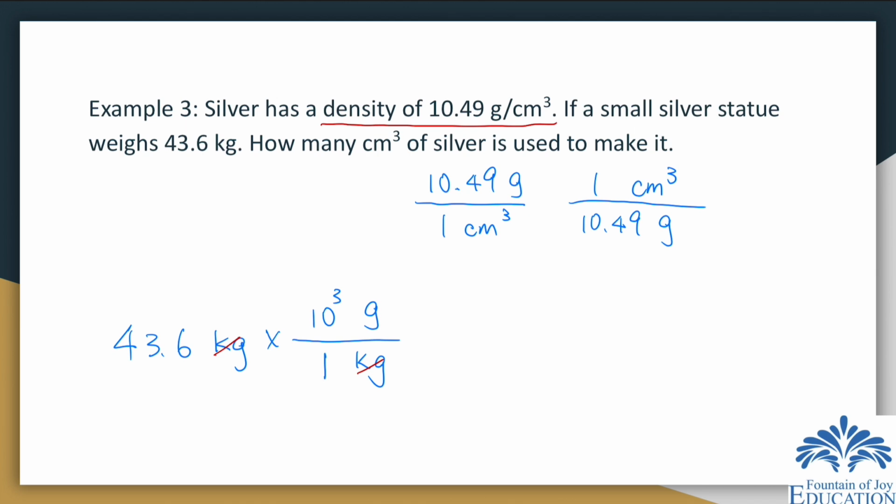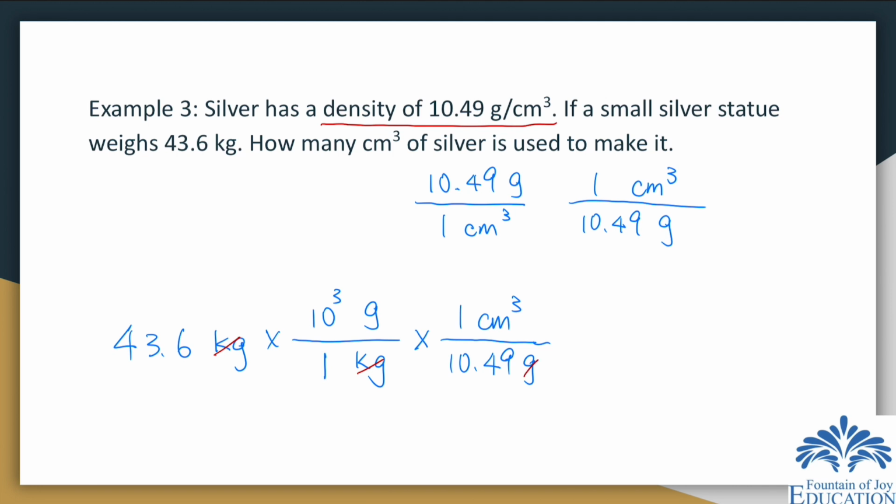Then we can apply one of the density conversion factors to convert the number into volume. In this case, gram is the unit that we need to eliminate. Therefore, we choose to have gram in the denominator so it can be canceled out. So we use this second form where we have 1 cubic centimeter in the numerator and 10.49 gram in the denominator.